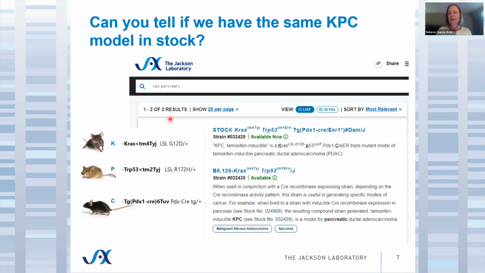And as you can see, neither of the models that show up here are the KPC model. When you have time, you can look at the recording in more detail, and you'll see that the nomenclature is similar, but it's just not quite the same.